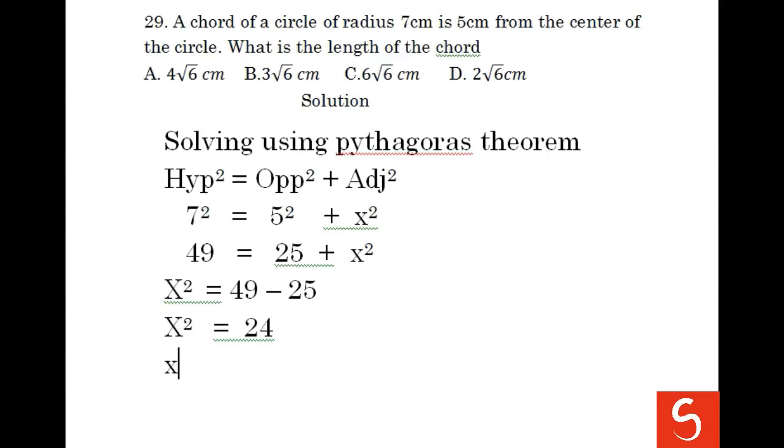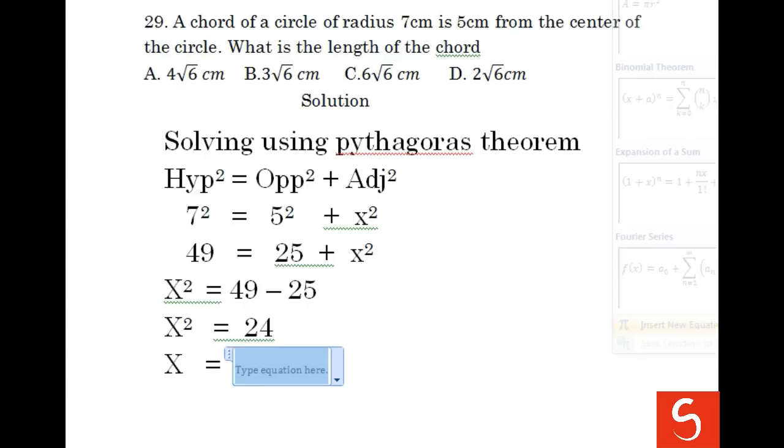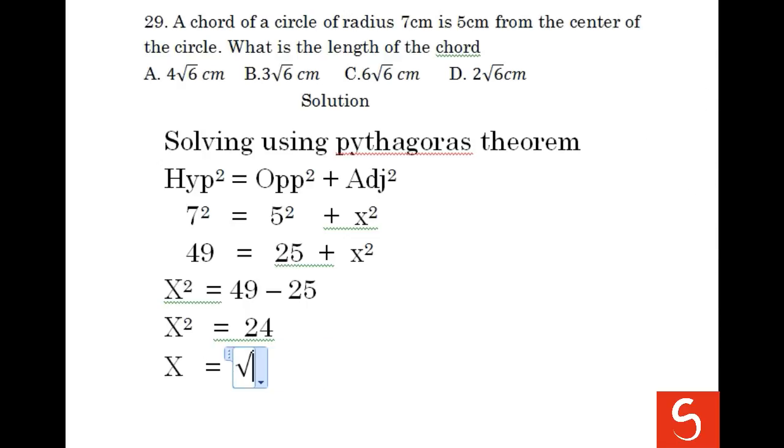Therefore x is equal to the square root of 24.